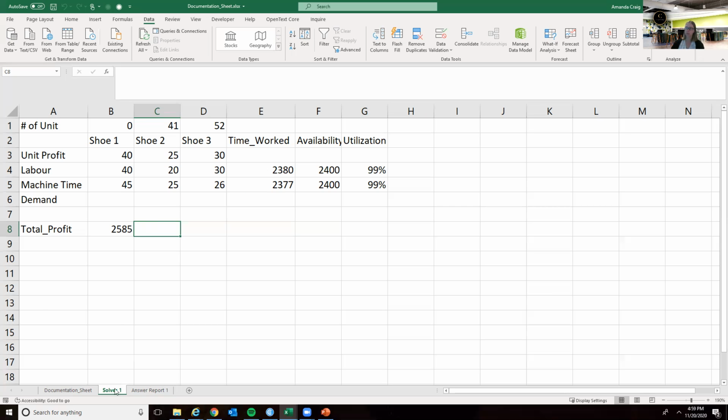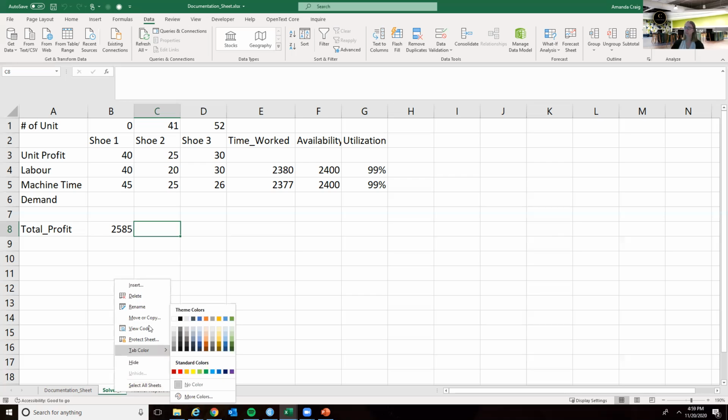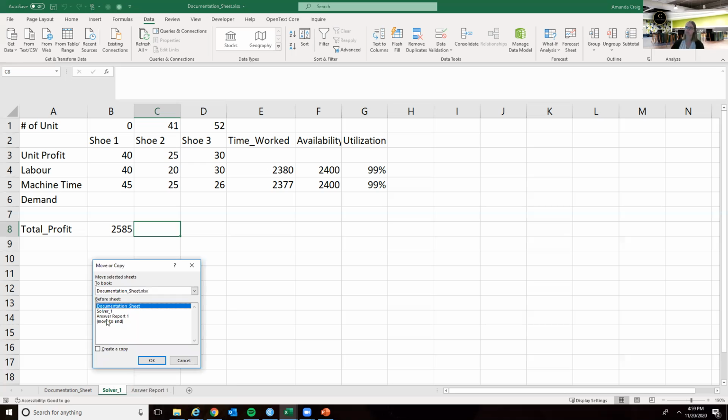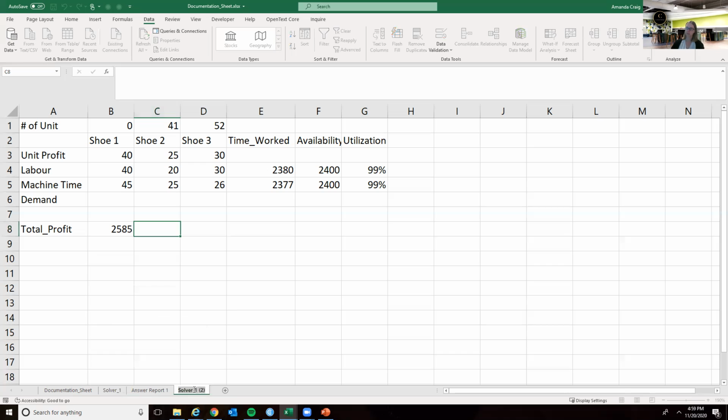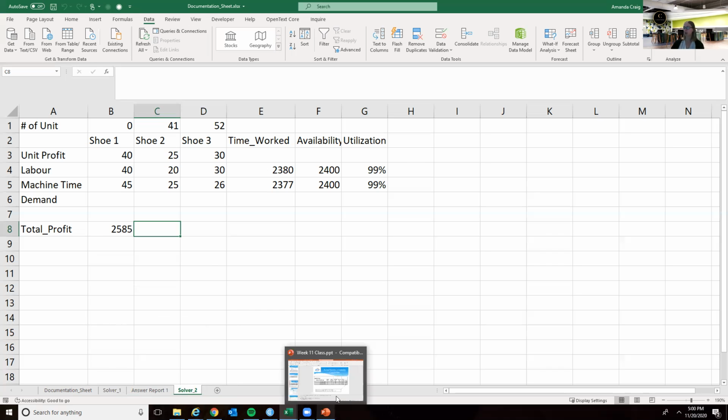So now what we're going to do is copy this sheet, and I'm going to complete a second version of this problem, which you'll see referenced in the slides for this week.